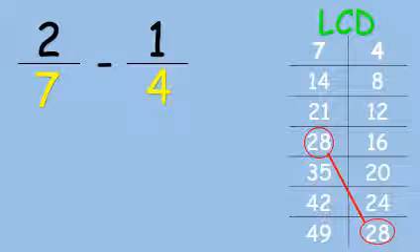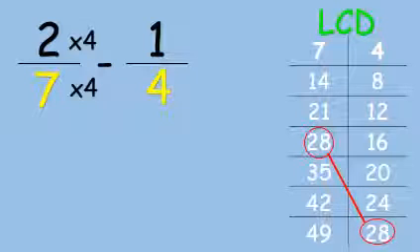What are you going to multiply to 7 in our first fraction to make it 28? 4. That is correct. Remember, whatever you do at the bottom of your fraction, you must do to the top of your fraction. So, you are also going to multiply 2 by 4.